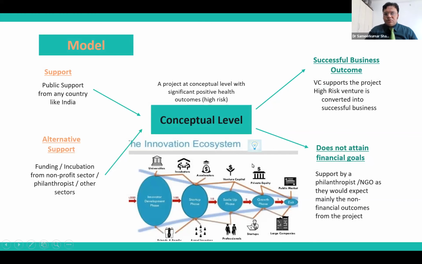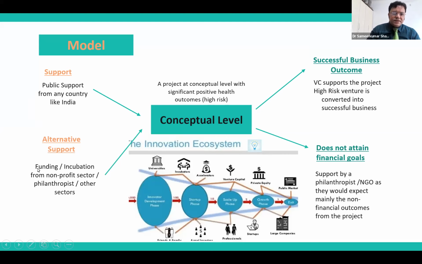These kinds of projects could be supported by somebody from the non-profit sector, like a venture philanthropist, and they would be able to sustain, ignoring the early financial outcomes, and the project would go on to the next level. Maybe at a certain stage it would be a successful business venture, but till then these stakeholders could be of immense help to support this particular activity or project.